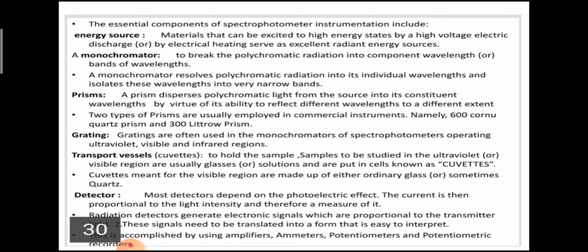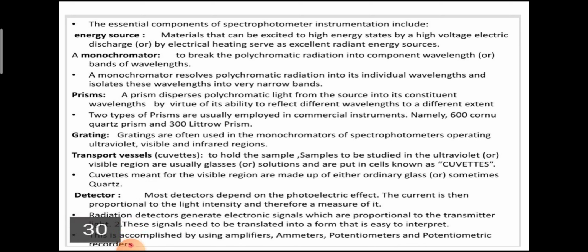If monochromators are used as a slit, that instrument is called a photometer. If filters are used as a slit, that instrumentation is called a spectrophotometer. These slits commonly break the polychromatic radiation into component wavelengths or bands of wavelengths.